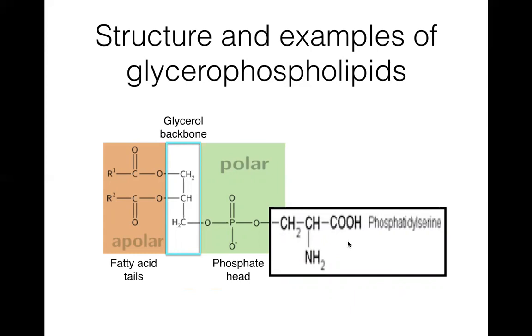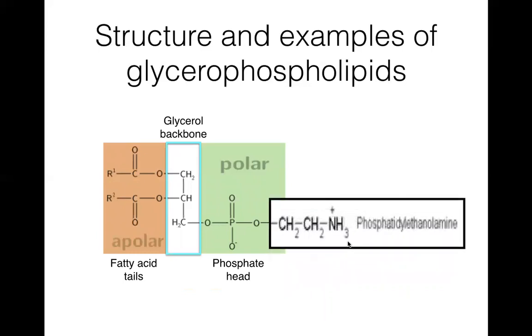This glycerophospholipid is known as phosphatidylserine, a very important component of the cell membrane. Now, an amino alcohol called ethanolamine can also be bonded to the phosphate head, giving rise to another type of glycerophospholipid. This is called a phosphatidylethanolamine.